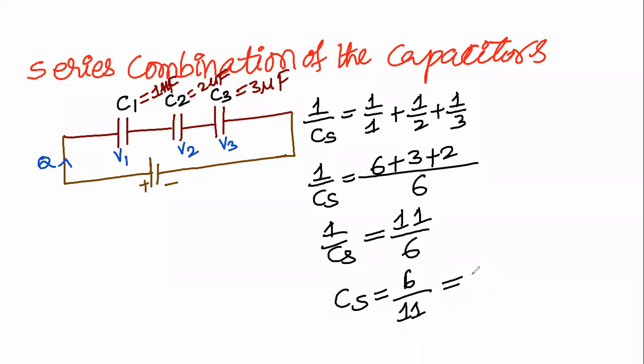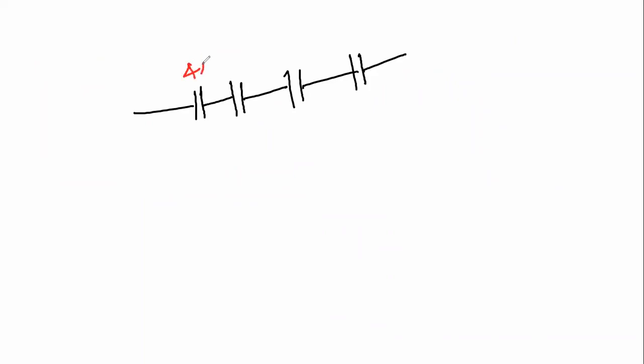This will be equal to 0.54 microfarad. Now N identical capacitors are connected in series. For example, the capacitors are connected like this. Let us suppose each one is 8 microfarad.